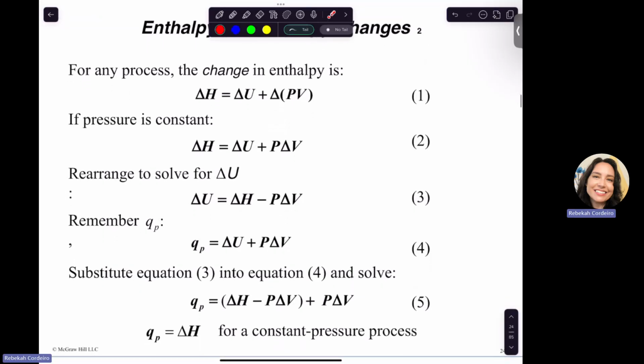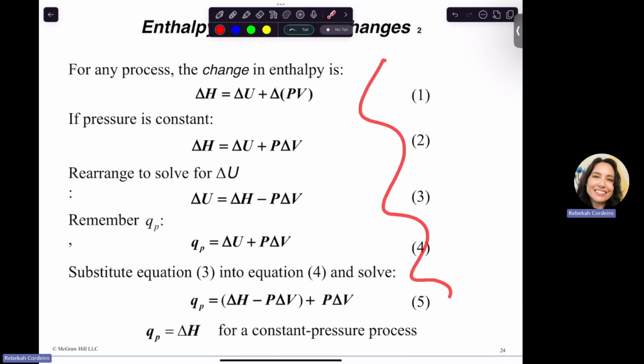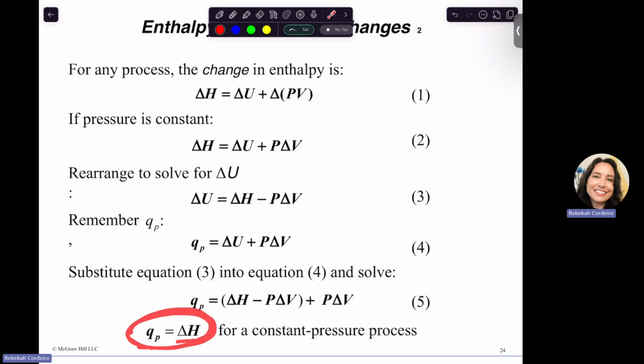So we're deriving this here, but the main goal is that at constant pressure, the change in enthalpy is the same as heat. If you are interested in the derivation, that's all here, but the main takeaway from this slide is that the change in enthalpy is equal to heat. So I want you to think about enthalpy as like thermal energy. That change in thermal energy is the heat at constant pressure.